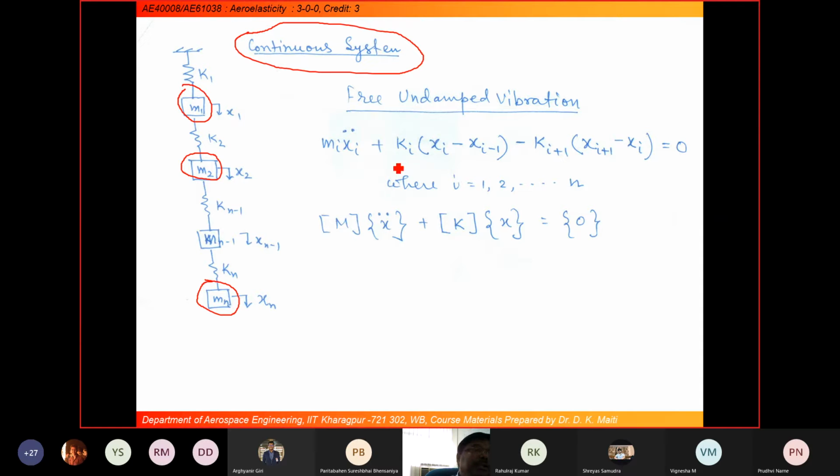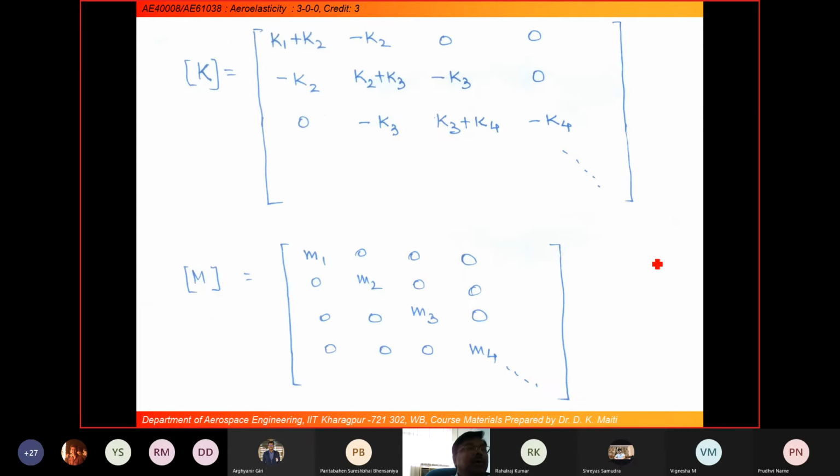If I take the equilibrium equation of this system, the general equation will be Mi multiplied by xi double dot plus ki into xi minus xi minus 1 minus ki plus 1 multiplied by xi plus 1 minus xi equal to 0. This is the general equation for an n degree of freedom system, and after rearranging, we can write M into x double dot plus K into x equal to 0.